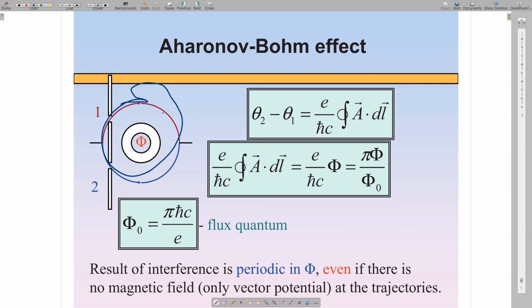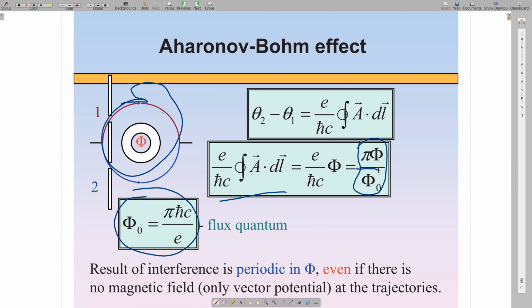Right, this phase shift. And I want to use an interesting quantity, flux quantum. Phase is dimensionless, flux has dimension. So it is a phase effect produced by flux in units of flux quantum.